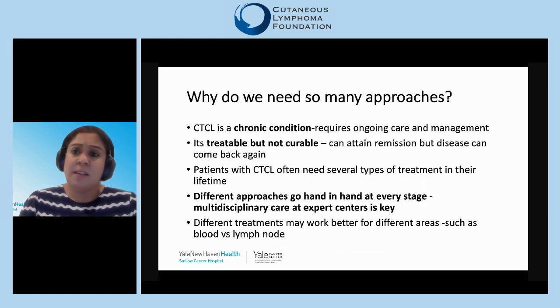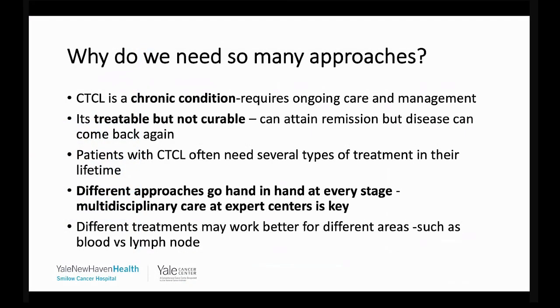So why do we need many approaches, or multiple options, for treatment of CTCL? The reason is that CTCL is a chronic condition. It requires ongoing care and management. It's treatable, but it is not curable. Many options that we use will put the disease in remission, but it's very likely that it will come back again and that we might need other treatment options.